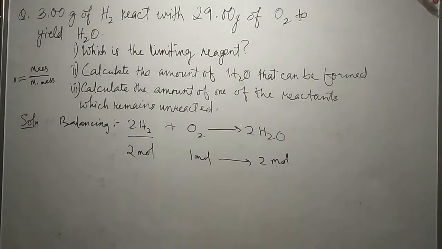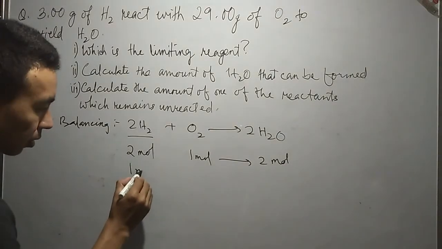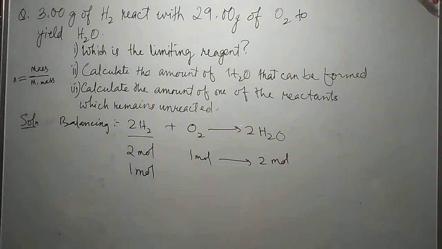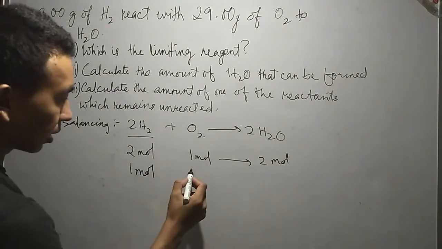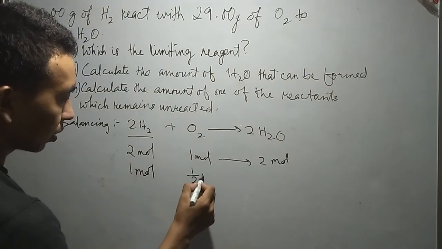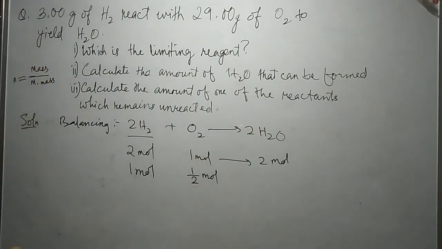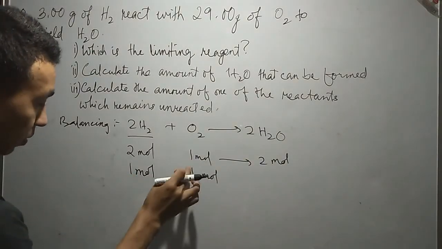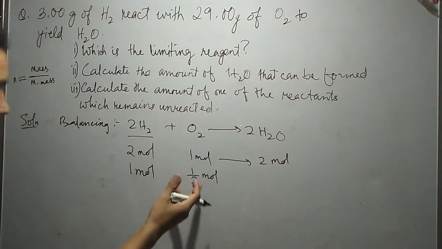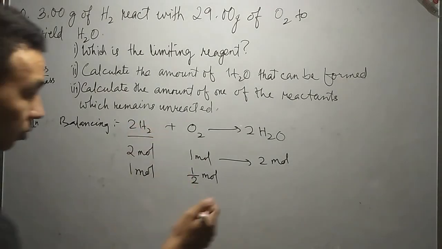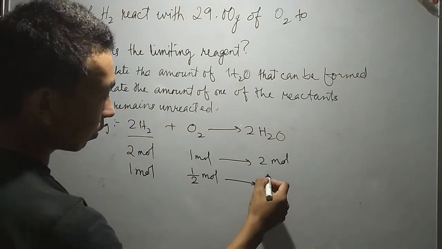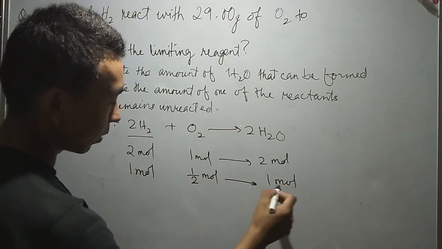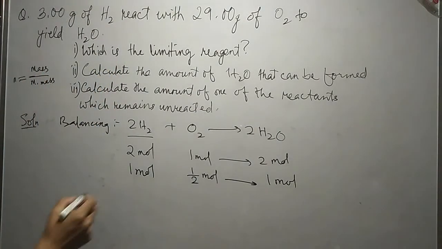Now if we use 1 mole of hydrogen molecule, then we will get 1 by 2 mole of oxygen, isn't it? If we use only 1 mole, then we divide by 2, and we get half mole of oxygen molecule and 1 mole of water.